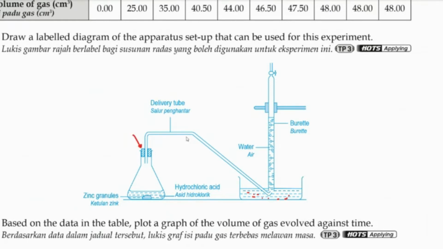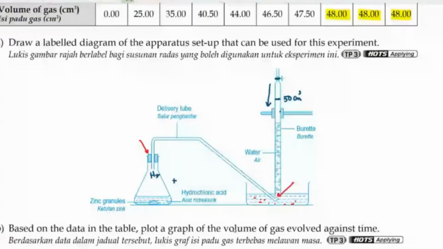Okay, another one. Is the level of this delivery tube must be lower than the water. Okay, so for this one, against time. Okay, against the time. So here, very important here. If you're asked to draw the graph, the one come first, volume of gas evolved. It will be the y-axis, and then against what?